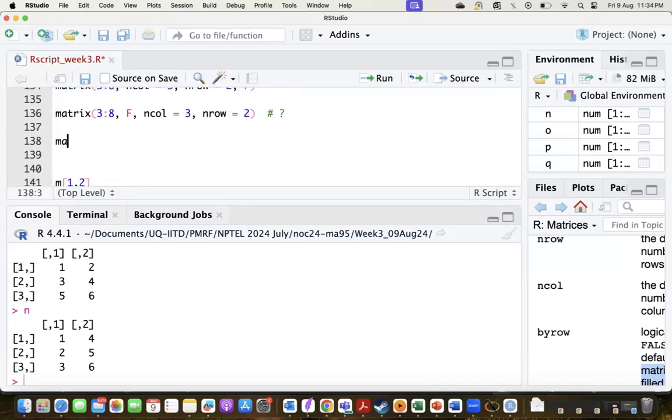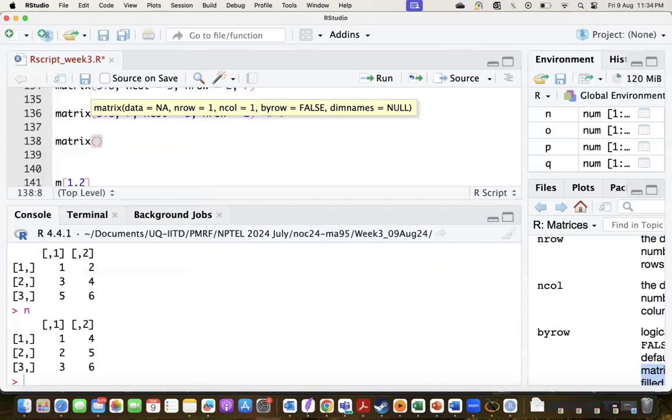Good question. Let me come to that now. Let's say this is the data, and I say ncol is 2 and nrow is also 2, and by row is true as well.